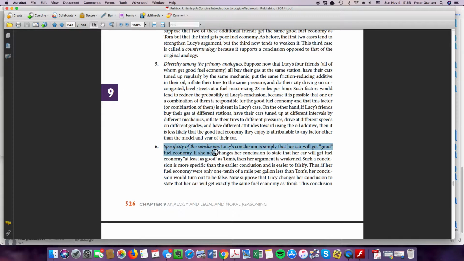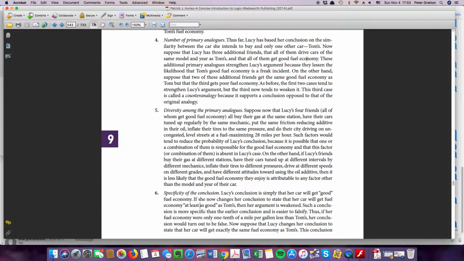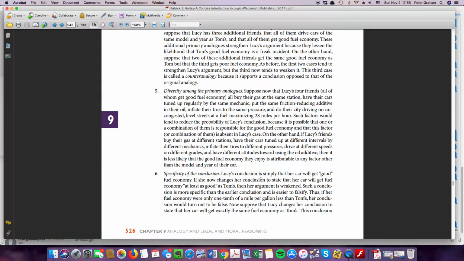Interestingly enough, too, the stronger the conclusion, the weaker the argument. In other words, if you're not making a specific conclusion, if I say, my new car may get as good a gas mileage as Tom's car, that's not very specific. May get. I'm not being very specific. Well, that's a good argument from analogy.